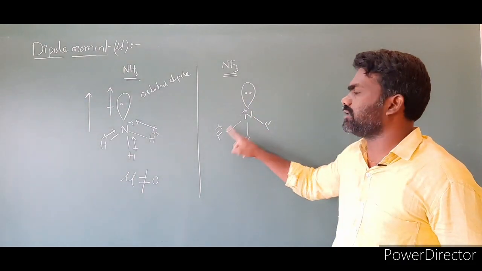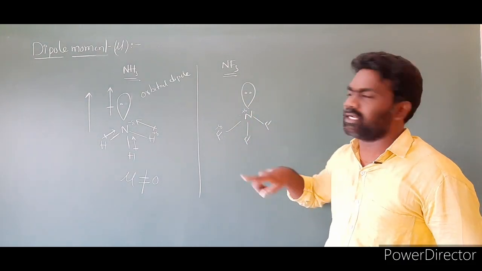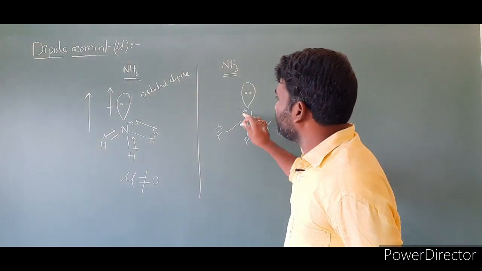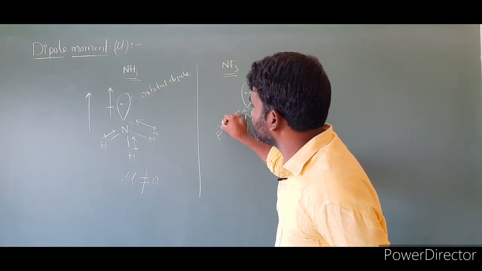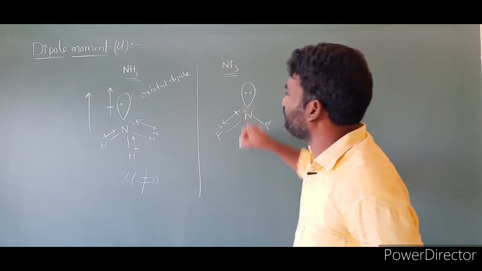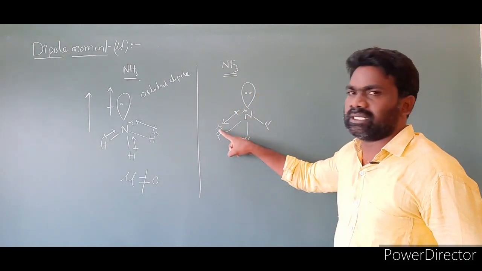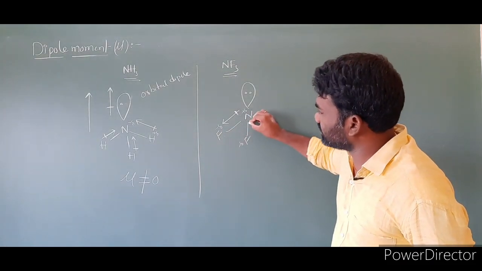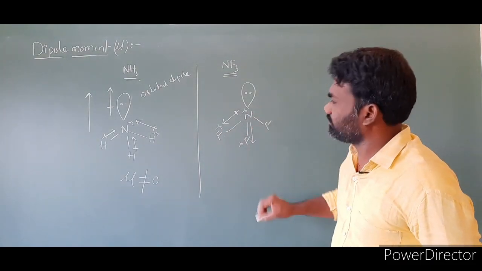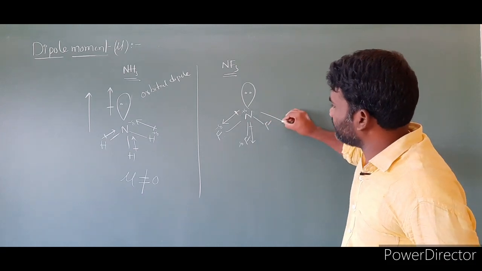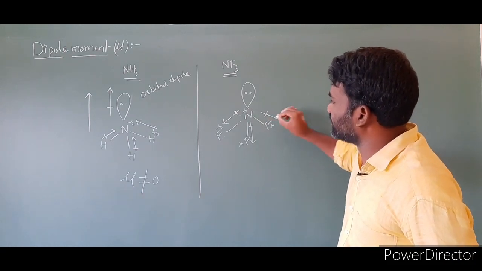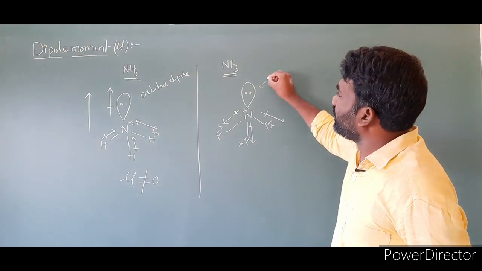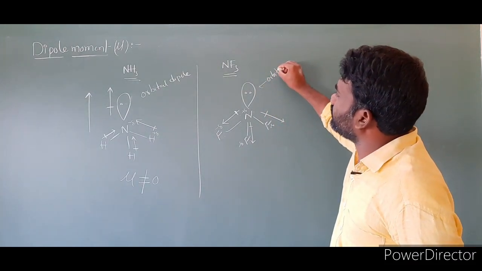Then we show the bond dipole like this, with the head towards the partial negative charge. For this case, we can show it like this. For this case, the bond dipole is like this. And for the lone pair, we have to consider the orbital dipole.